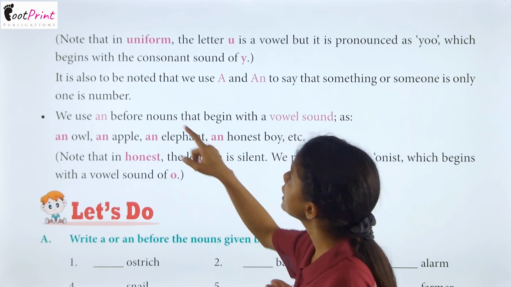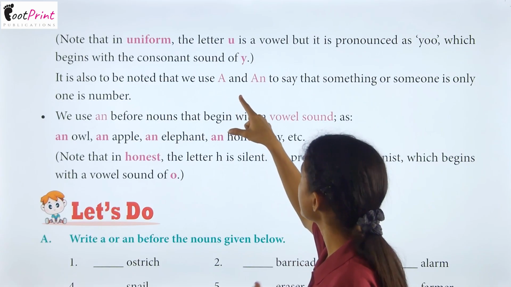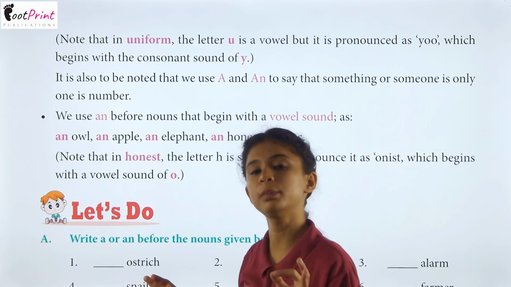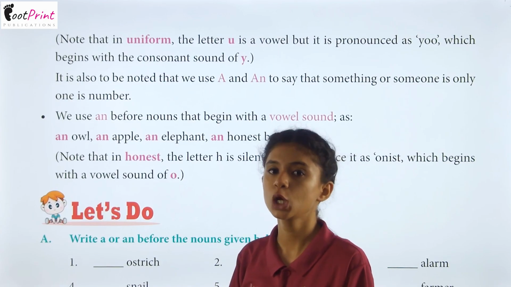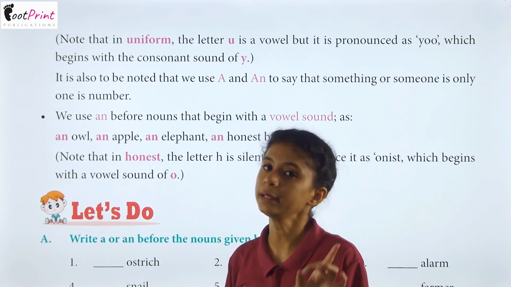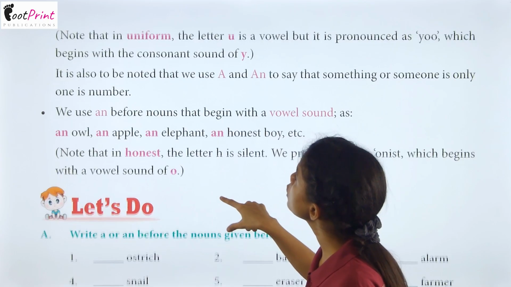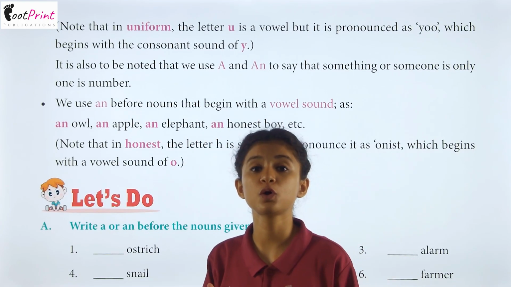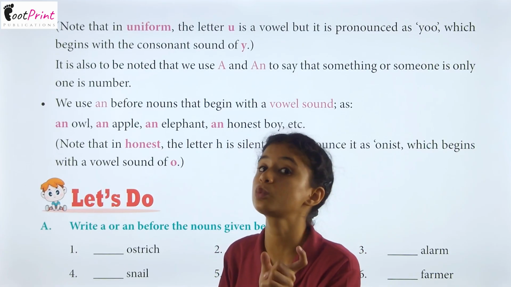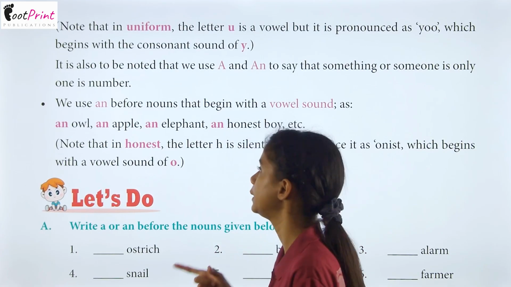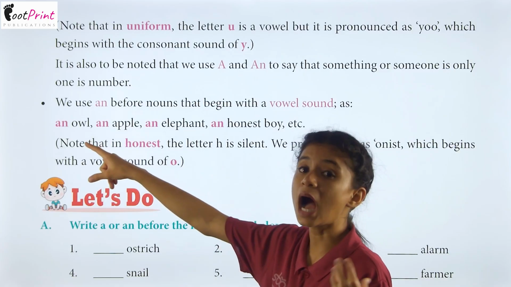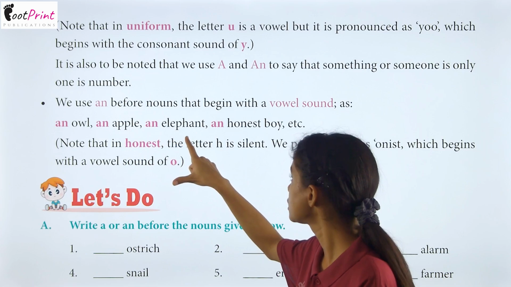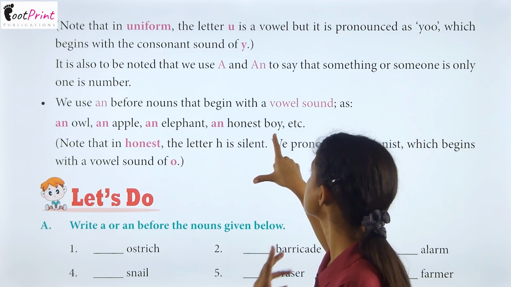It is also to be noted that we use a and an to say that something or someone is only one in number. We use an before nouns that begin with a vowel sound, and not the vowel only. For example, an owl, an apple, an elephant, an honest boy.